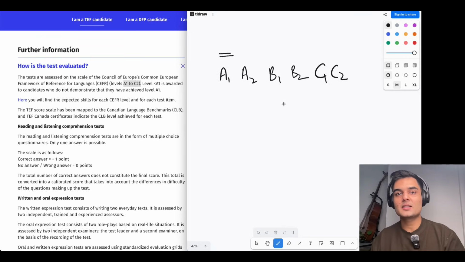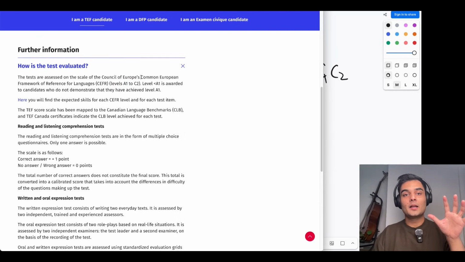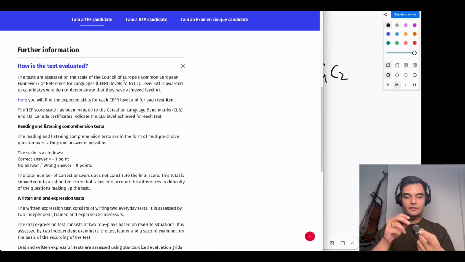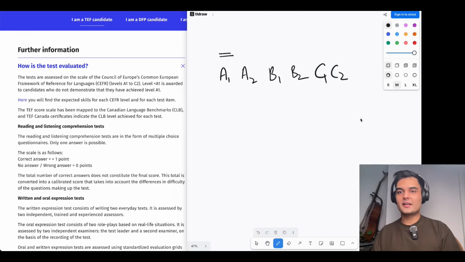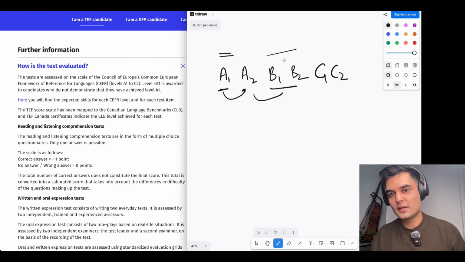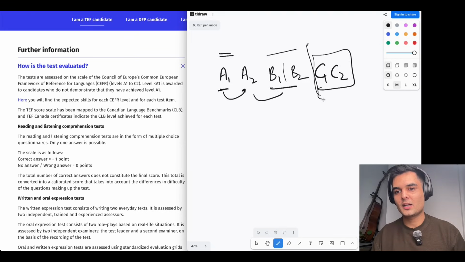These are the levels given by the Common European Framework of Reference for Languages, CEFR. All over Europe, whether it is French, English, Spanish, or German, this is how every language is divided in terms of level. Complete beginner level is A1, then you go on to A2, then B1 and B2 are intermediate, where B2 is upper intermediate and B1 is lower intermediate, then C1 and C2 are advanced, which we don't need to worry about.